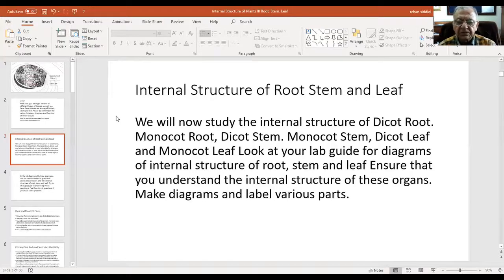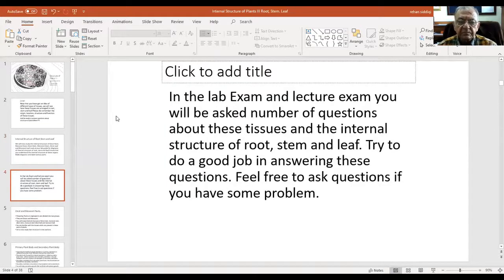Find these diagrams in the lab manual and ensure that you understand the internal structure of these organs. It will be a good idea to make diagrams and label the parts of root, stem, and leaf in your lab manual.